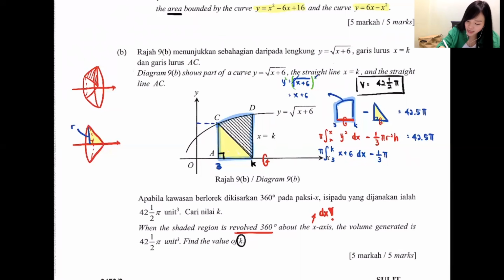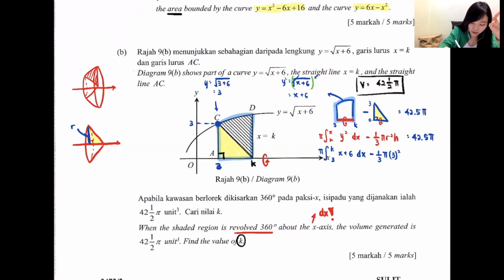Can I find it myself? Yes, because this point, I already know the point C, the x is 3. And this point is on the curve. So on the curve, I can sub 3 inside the curve equation. Press calculator, I realize the y is also 3. Oh, so the height is equal to 3, that means the radius is 3. Can you see that? Again, don't ask me, teacher, isn't that the height? I repeat, you will look at how the cone looks.